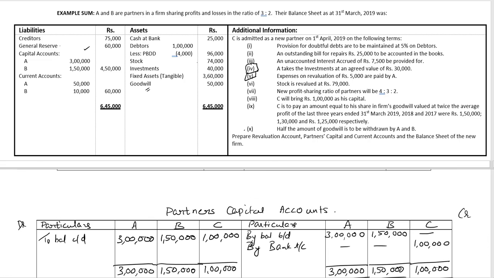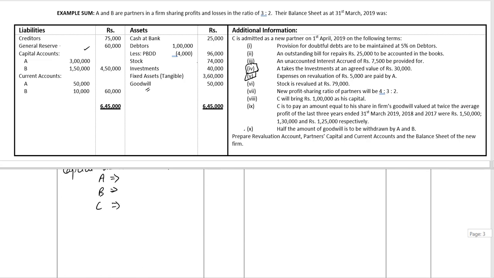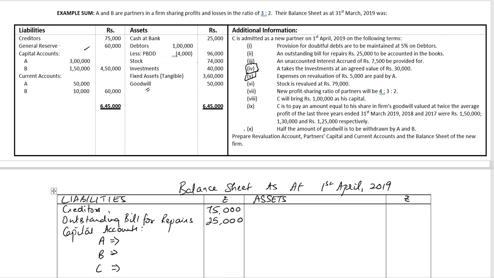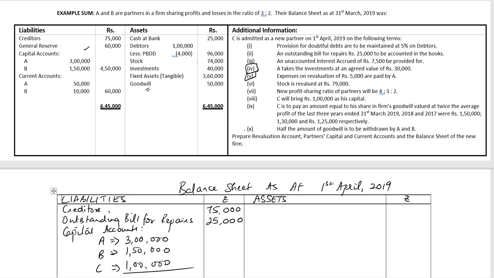It's 3 lakh for A, rupees 1,50,000 for B and 1 lakh rupees for C. Three lakh against A, 1,50,000 against B and 1 lakh rupees against partner C. The total 5,50,000.